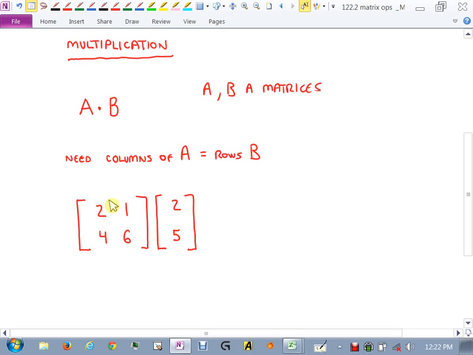This is a 2 by 2. What is the rows, columns here? 2 by 1, right? You need the columns of A, that's this, to be equal to the rows of B, that's this, right? You need those two to be the same. So yes, they are the same. We should be able to multiply them.